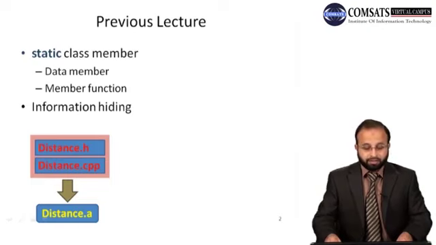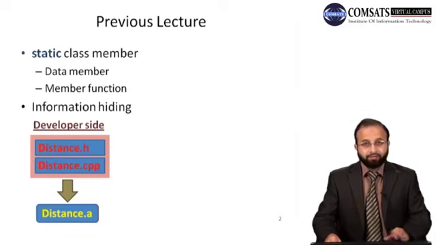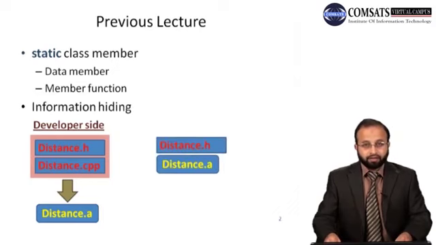So distance.a is a static library that contains the definition of the member functions of the distance class, and this is basically the developer side. We are the developer, we make this library and we hide the detail of the implementation of the member functions of the distance class. Now we give the client a header file, that is distance.h, and the library.a.